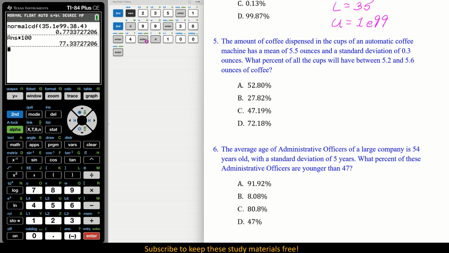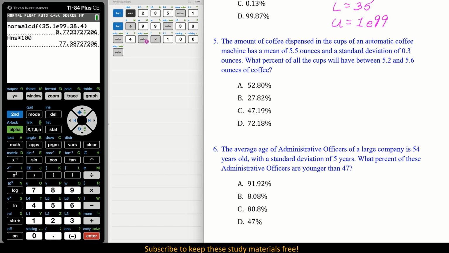Now, if it were a discrete situation, like I said, specific objects that can't be taken in sections, then this wouldn't work. We would have to adjust, which we will do in a few minutes with other questions. But because you can take small portions of ounces in a cup, and we do have decimal points, everything is good. We can do this as is.